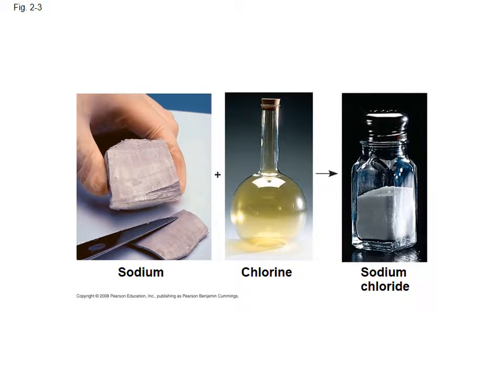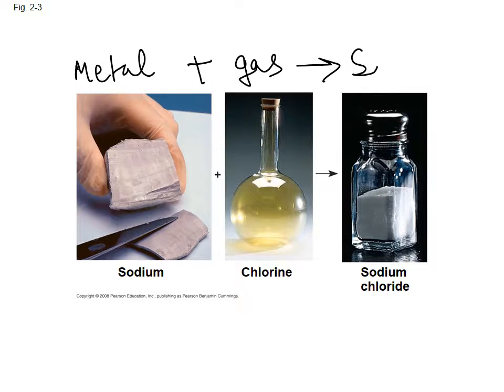Okay, now here, what is shown in front of you is a situation where initially at the base level sodium is a metal and chlorine is a gas, but they combine together to give you a salt. So this is an example of an emergent property.